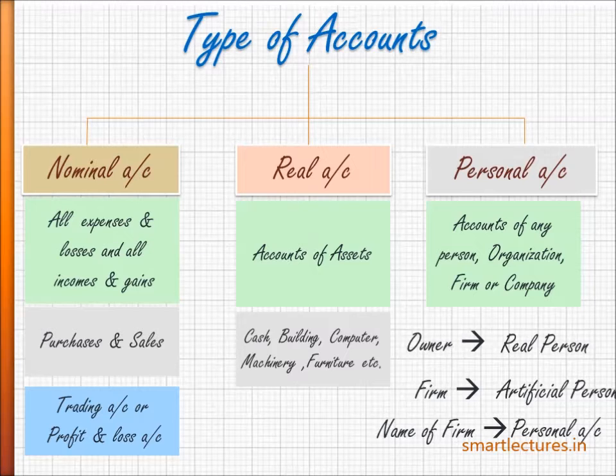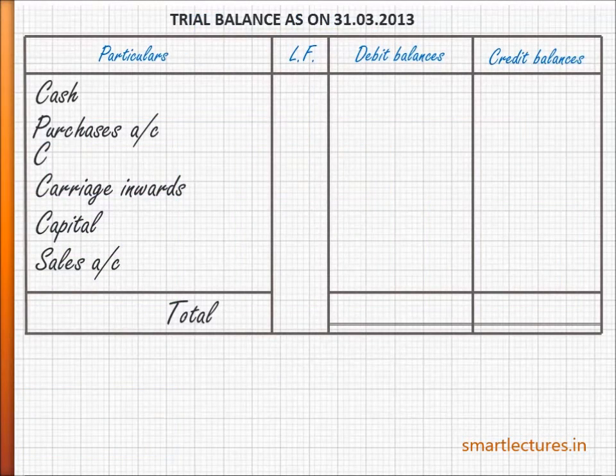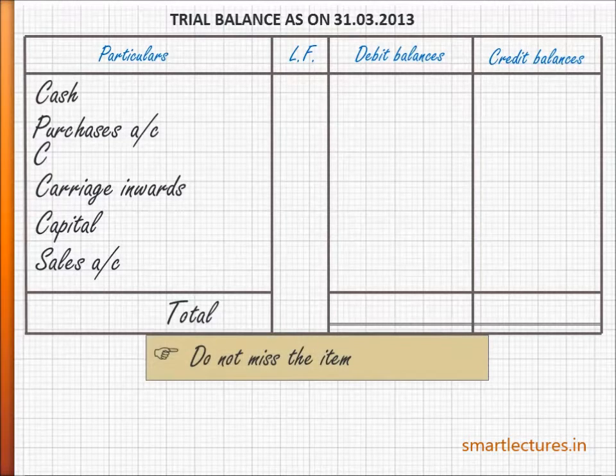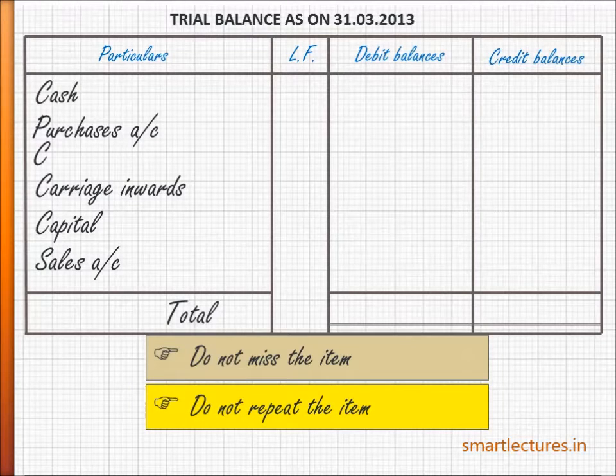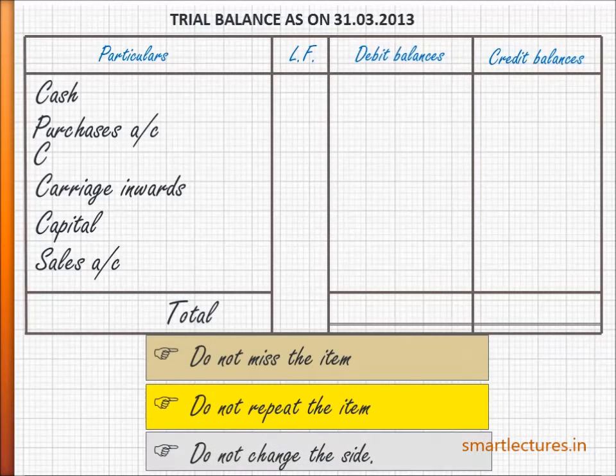And when we make final accounts on the basis of trial balance, you must remember three golden rules. Three don'ts. What are the don'ts? Don't miss the item. Don't repeat the item. Don't change the side. Don't miss the item means you have to take each and every item of the trial balance to final accounts.